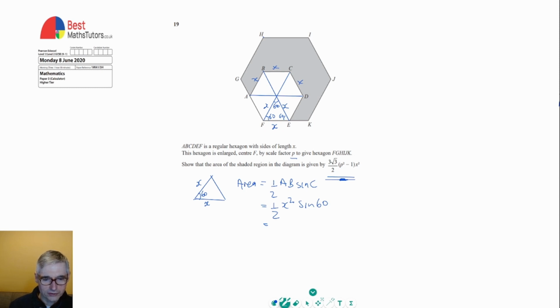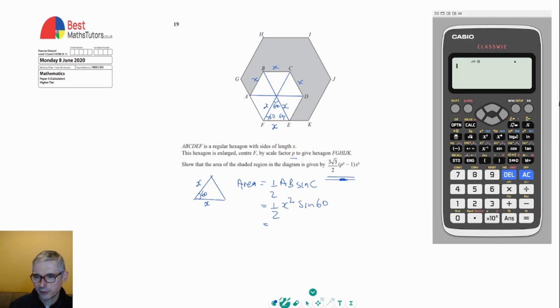We need to work out sine 60. It's one of these angles you may know, but you can find it on the calculator anyway. Putting in sine 60, I get root 3 over 2. We can see the form the answer is asked in, root 3 over 2 or 3 root 3 over 2, so we want to keep it in that format rather than converting it into a decimal.